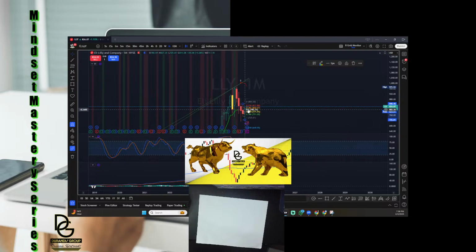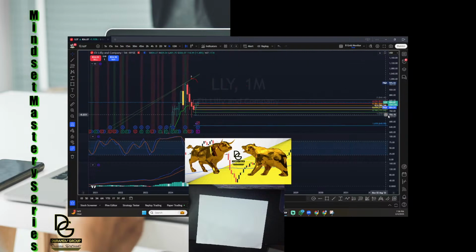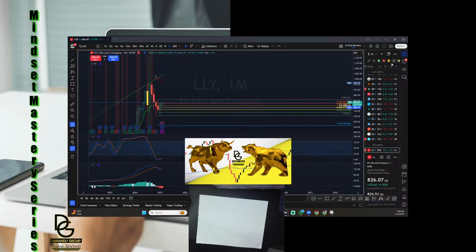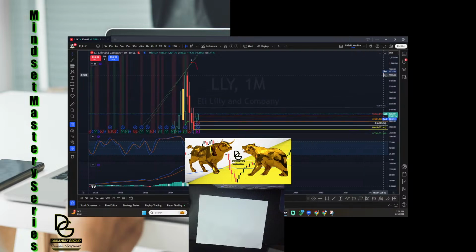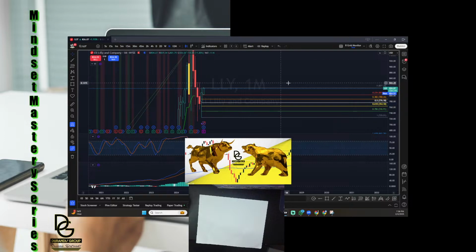Call it main, and let's extend this to the right. And let's see. This top. So we're getting a nice little 236 bounce here where we could continue to the upside right here.